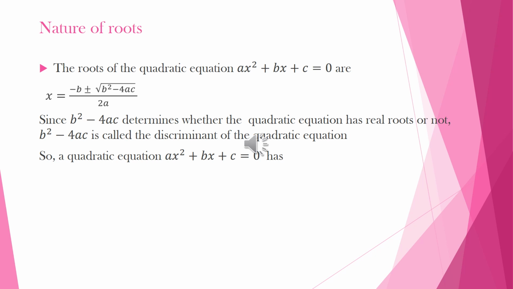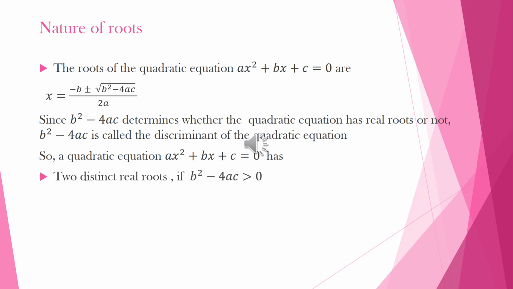discriminant. So based on this, we can say if the discriminant is greater than 0, that is b square minus 4ac is greater than 0, the quadratic equation will have two distinct real roots.